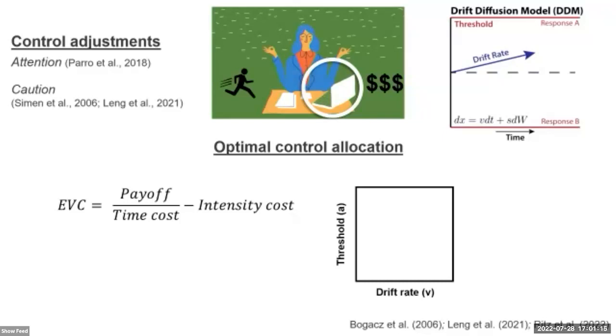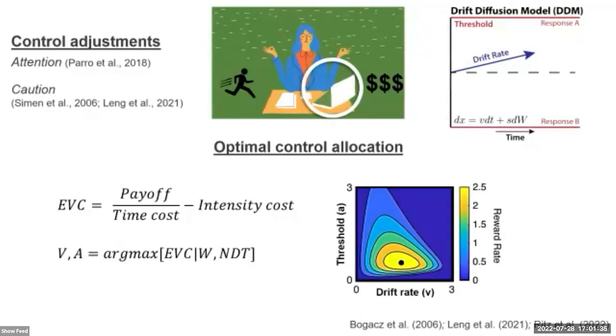Then we have the time it takes us to reach a decision, non-decision time. And then we have some intensity cost in this model on the drift rate. So the thing with this model is that now we can find optimal levels of drift rate and threshold given a certain environment with different incentives by maximizing the expected value of control here. And we can find a certain optimal point.